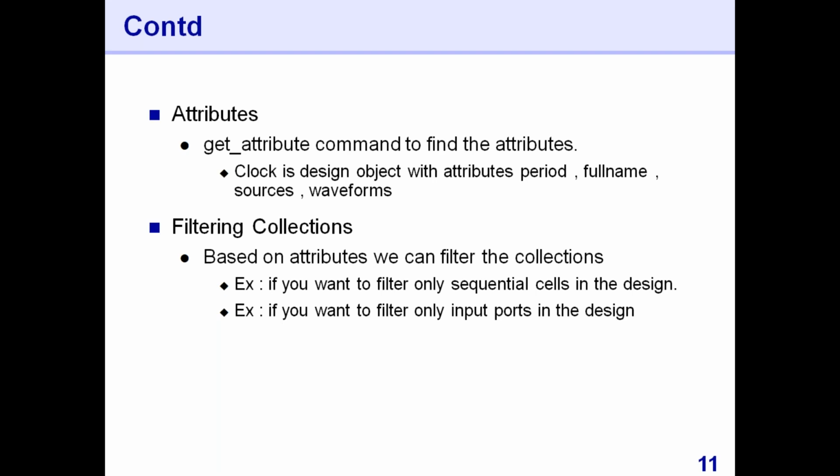Let the clock name be sys_clock. If you want to get the period of sys_clock, you can use the get_attribute command to get the exact period of that sys_clock. Like that you can easily get the values of all the attributes for different design objects.